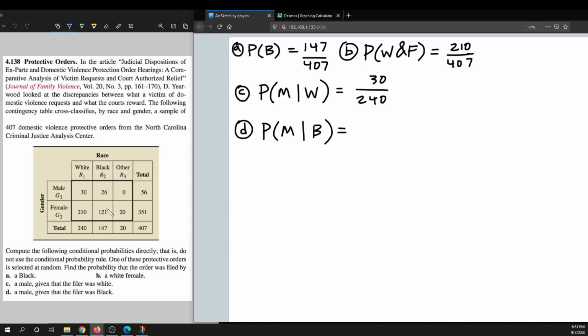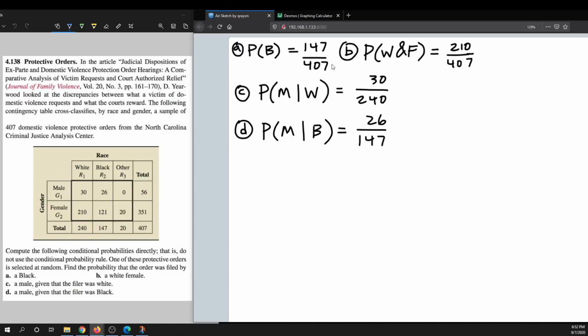So I would look in that column under race and look all the way down and get the number. So the bottom number then is 147. And that is our sample space now. And now what we want to know for the top number is the number of people in this event that are also in this. So we look for all the males who are black. There are 26 people in that event. And so the probability would be 26 out of 147.